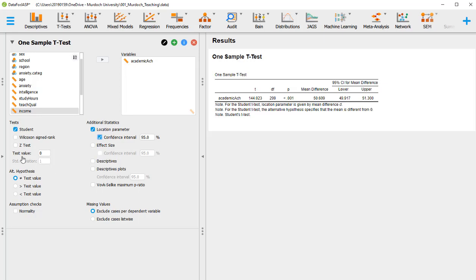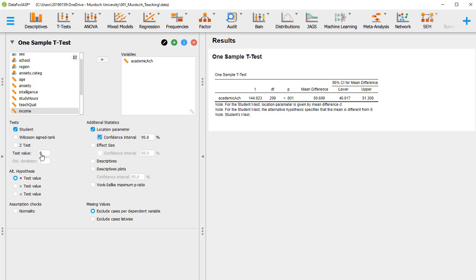Because here it says test value 0. So the mean difference here is the difference of the mean of the population with 0, which, if you're comparing to 0, is exactly the same as the mean.